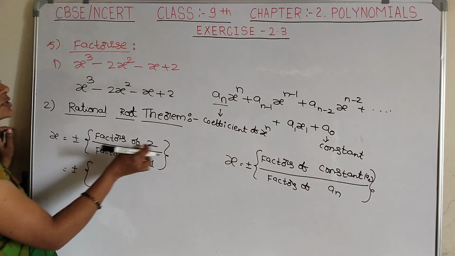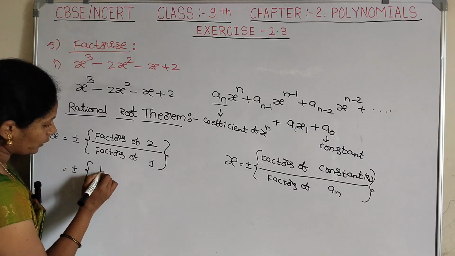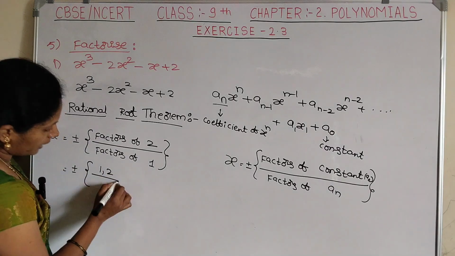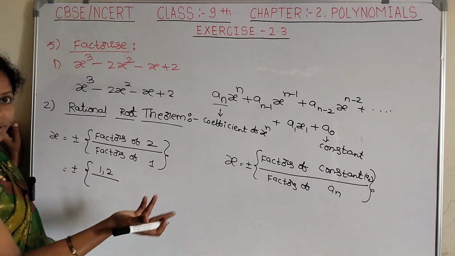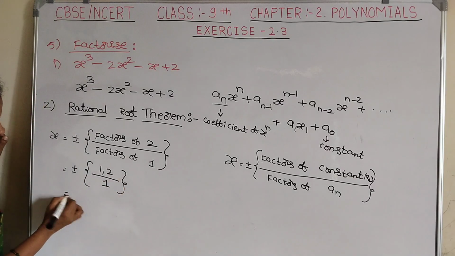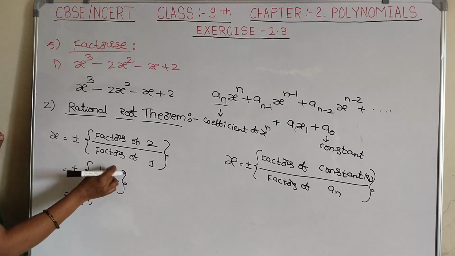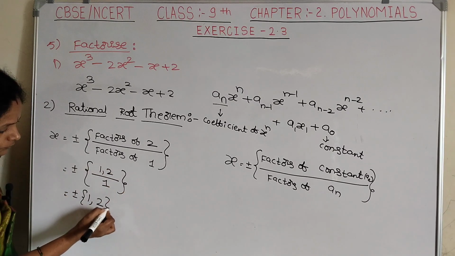Write down the factors of 2: 1 and 2, divided by factors of 1, which is only 1. Plus or minus, 1 by 1 gives us 1, and 2 by 1 is 2.